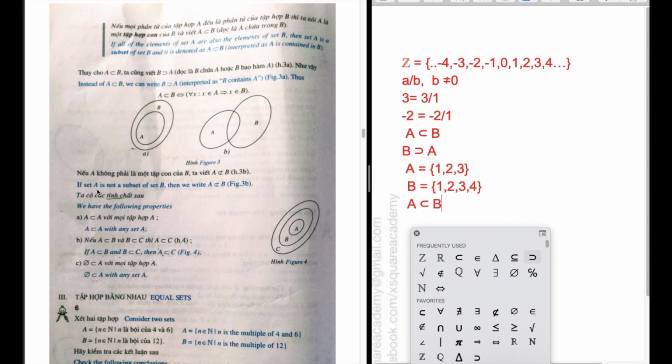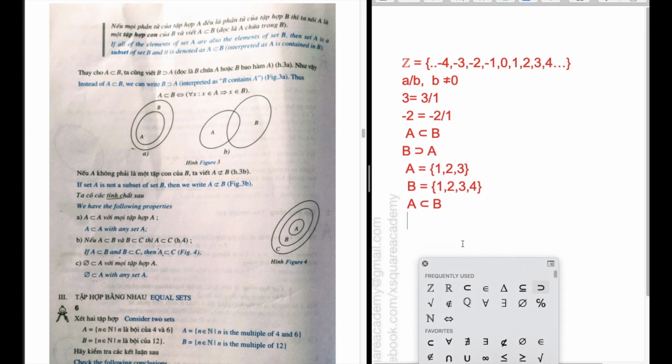And if set A is not a subset of set B, then we write A is not a subset of set B. It's important. You have to distinguish the difference between two symbols: an element, and a subset.